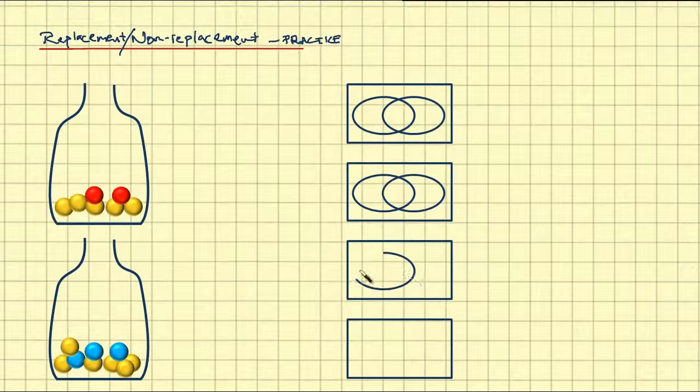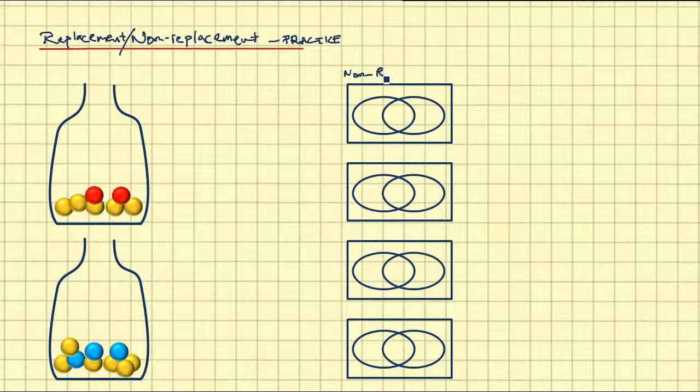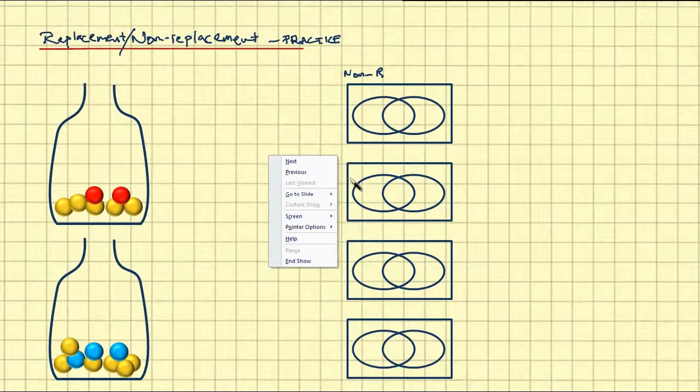Now the first of these Venn diagrams we'll use for non-replacement, so it's when we're not replacing the marble that we draw out in the first draw. Okay, so let's give that a go. Very first thing then we're going to do is non-replacement. So this Venn diagram will be for, we'll call it non-R, non-replacement.